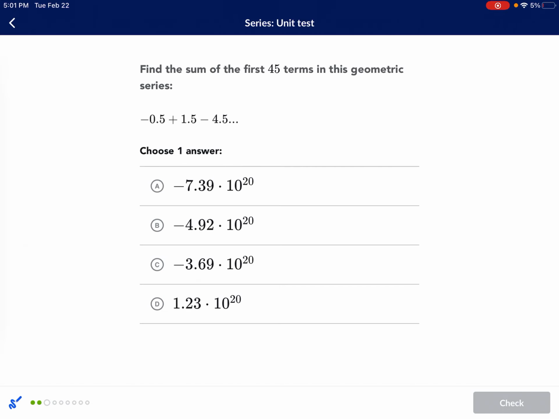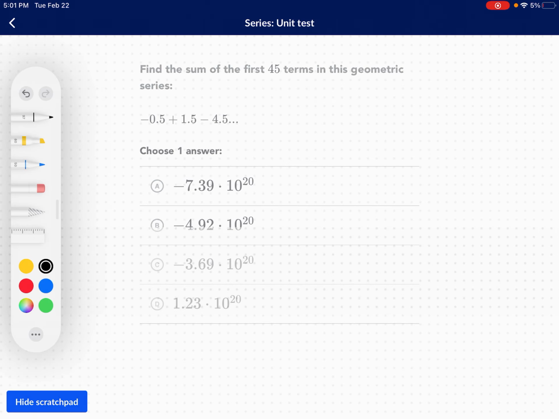Okay, the geometric series. So it looks to be that the common ratio is 1.5... no, that's -3. Yeah, -3, because -0.5 times -3 is... yeah, it's 1.5. So just substitute everything in the formula.